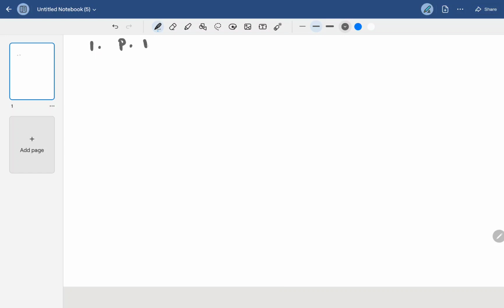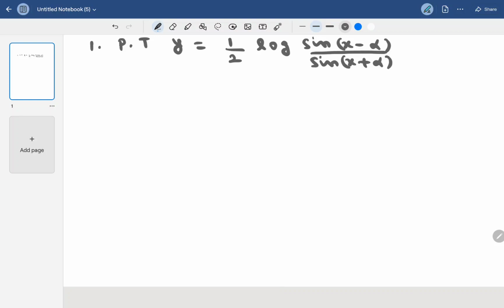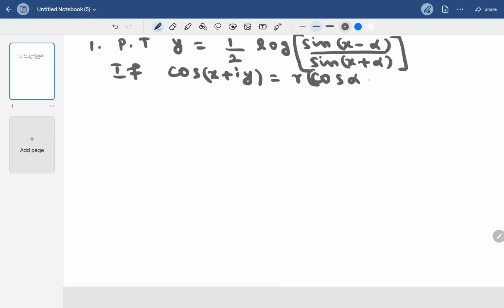Prove that y equal to 1/2 log sin(x minus alpha) by sin(x plus alpha), if cos of x plus iy equal to r into cos alpha plus i sin alpha.